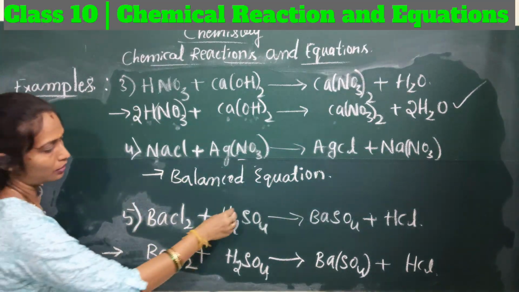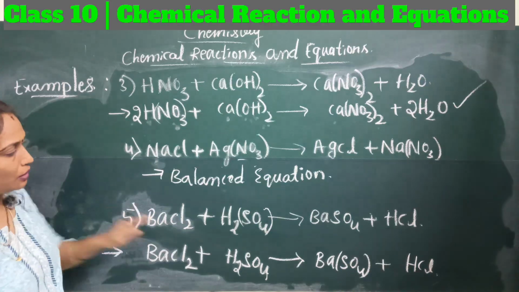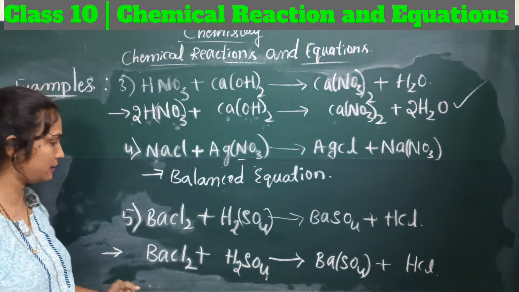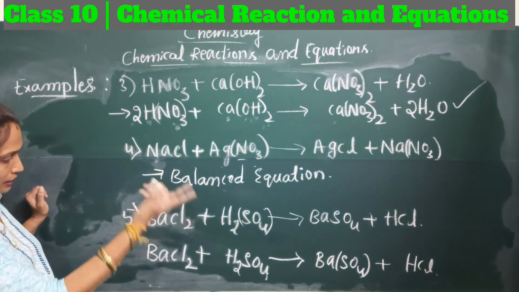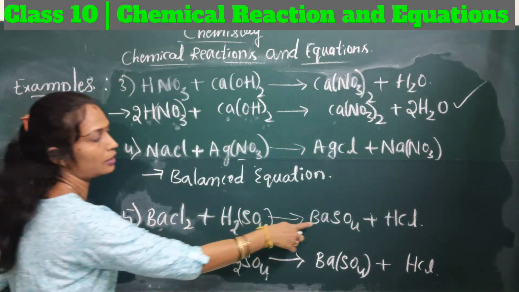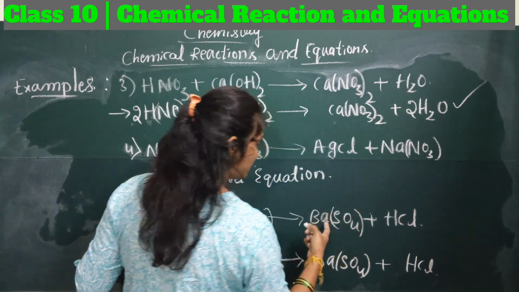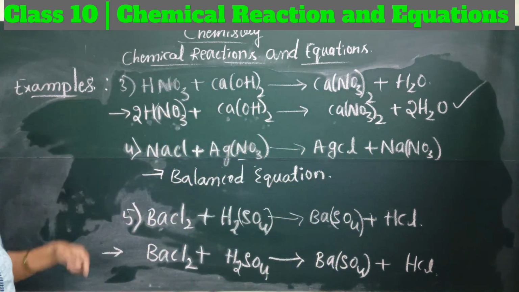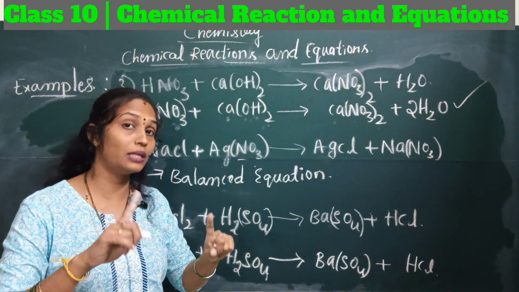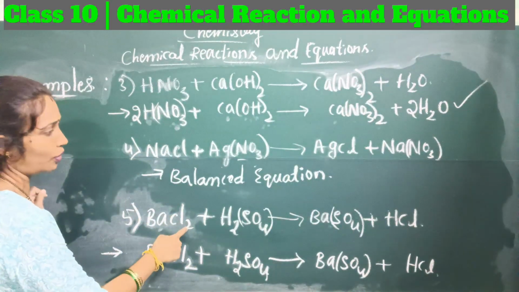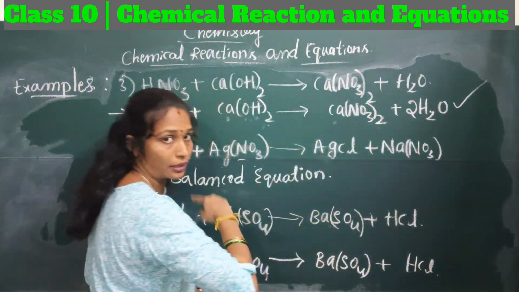Now check the polyatomic group in this example. Sulfate is there, 1 sulfate. Both sides it got balanced. Now let's move on to barium. 1 barium is there, 1 barium is there. No need to worry. Sulfate got balanced, barium got balanced. Now chlorine, because we go metals, non-metals, next hydrogen, next oxygen. 2 chlorine is there here, 1 chlorine is there here.